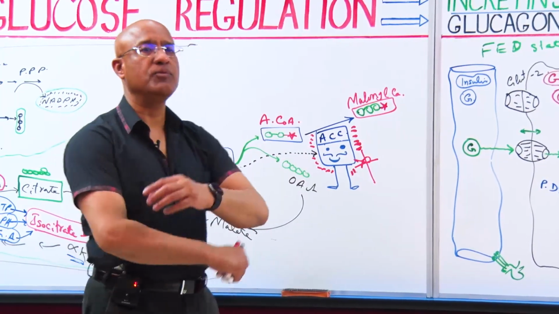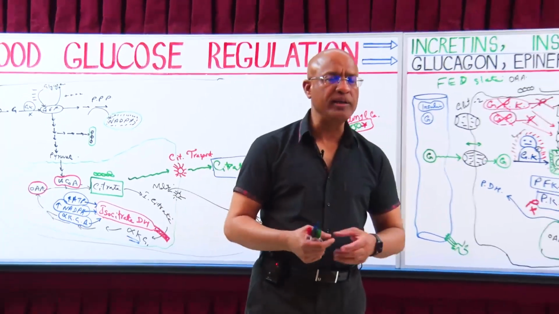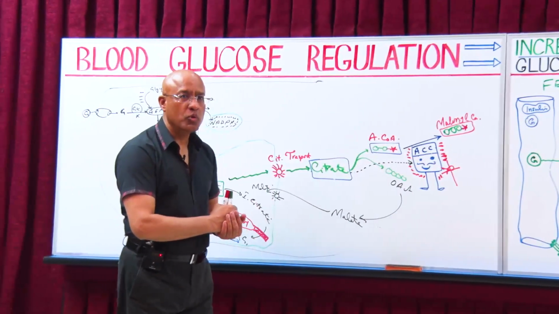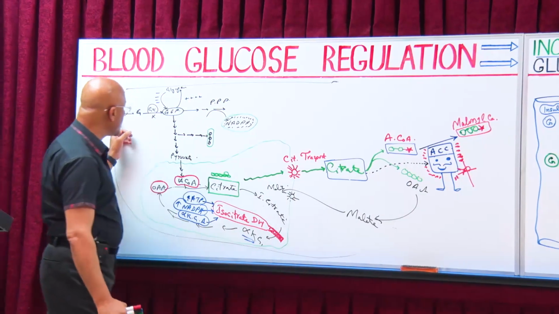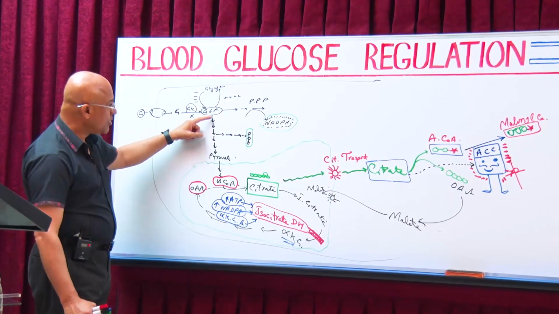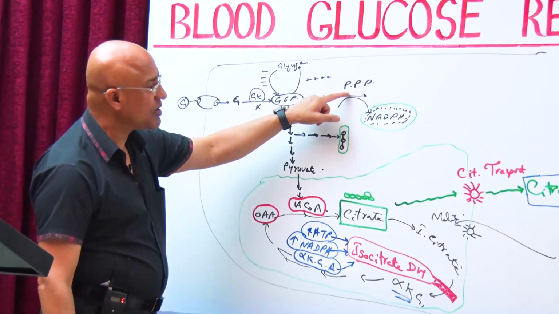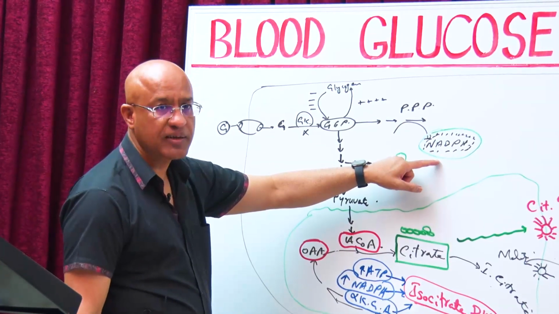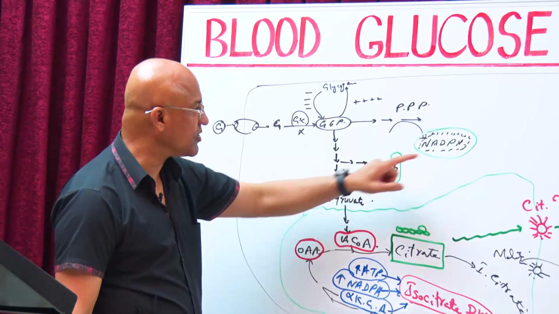So in these cells, when you take too much sugar or you are providing too much glucose, then actually glucose derivatives will take a very unusual pathway. Initially, to make the fatty acid, this glucose derivative went to the pentose phosphate pathway and made NADPH, which was energy required for fatty acid synthesis.